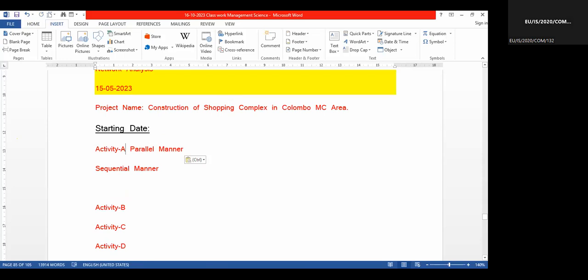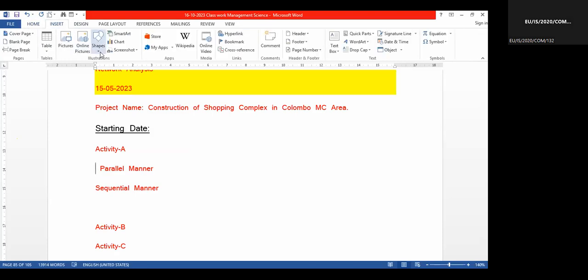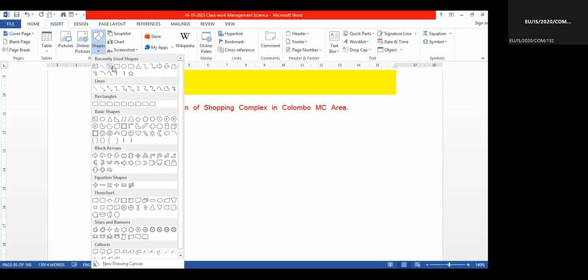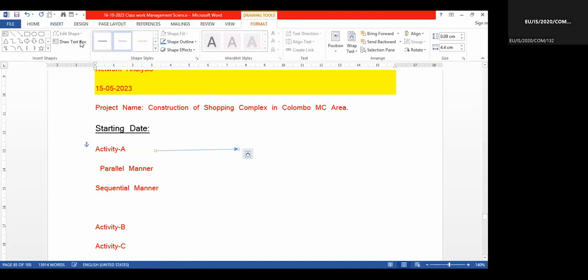To denote these activities as notations, we normally use an arrow mark. Say activity A, we'll draw it like this, an arrow mark. This is an arrow mark to denote an activity. The names of the activities we normally put in English alphabetical order.